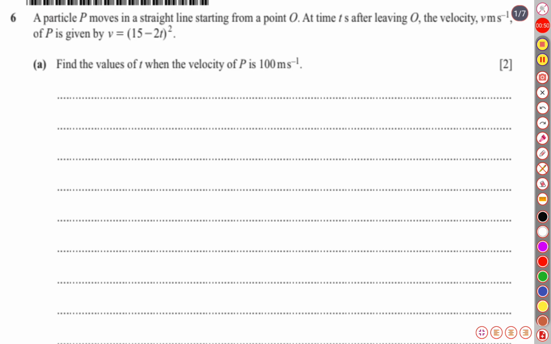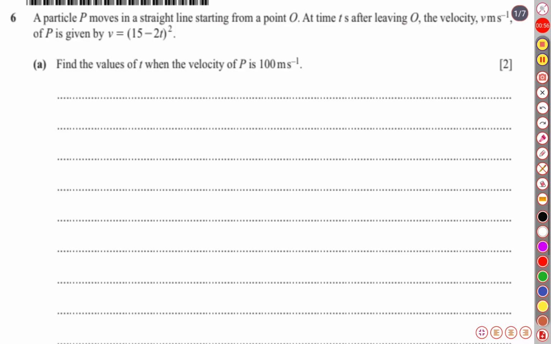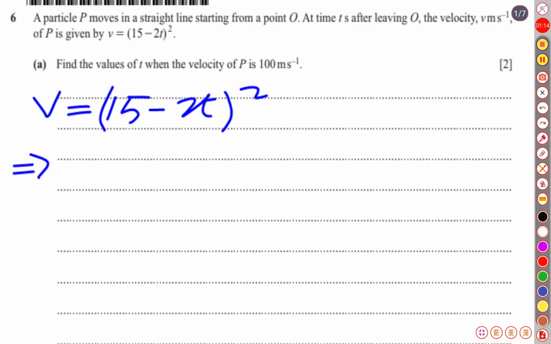Let's start the solution. The expression of v is v equals (15 minus 2t) whole squared. Then they have told us to find when velocity is 100. So we can write (15 minus 2t) whole squared is equal to 100.